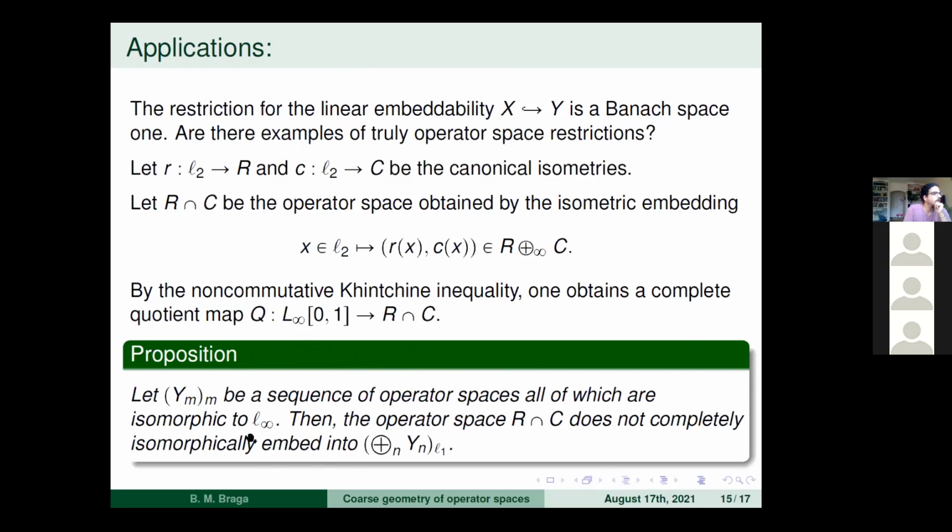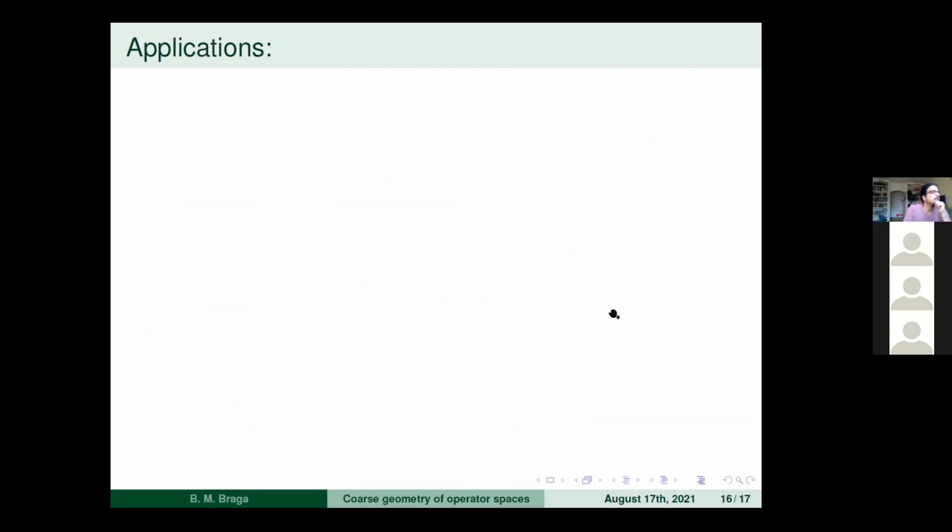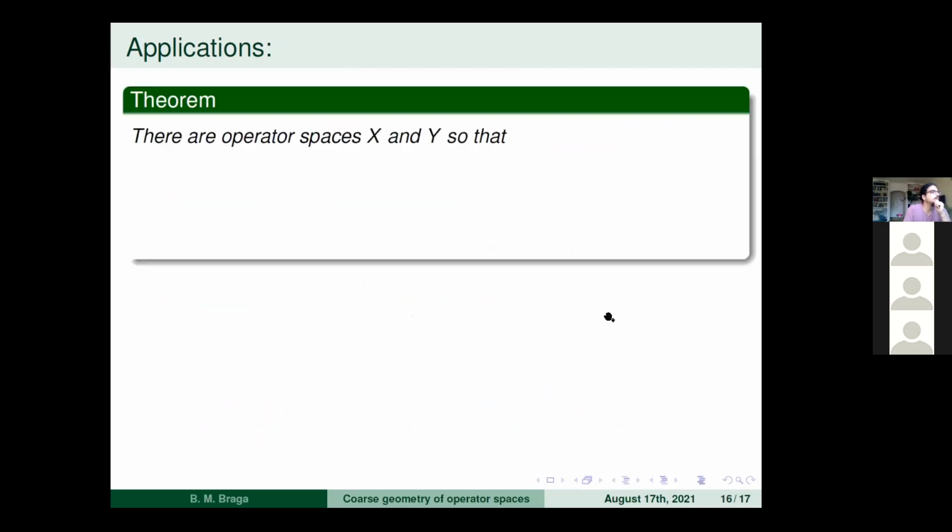Let me say, here is what my ZQ will be. What we show is that R intersect C cannot embed completely isomorphically into any L1 sum of spaces which are isomorphic as Banach spaces to L infinity. Using this result, we can obtain this thing here.